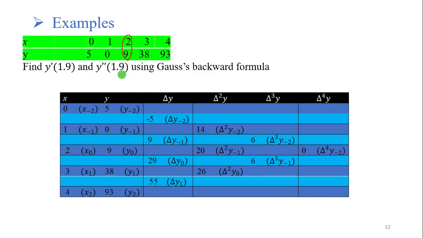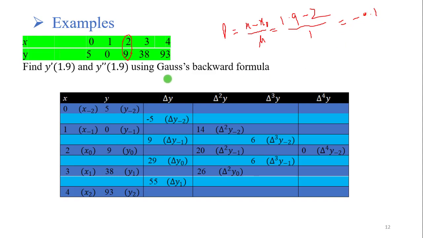This is actually the central line, so we have to find the rate of change near the center point. So obviously we will use a central difference approximation scheme. Here p is equal to (x minus x naught) divided by h, where x is 1.9, x naught is 2, and h, the difference between consecutive values of x, is 1, so p is minus 0.1.